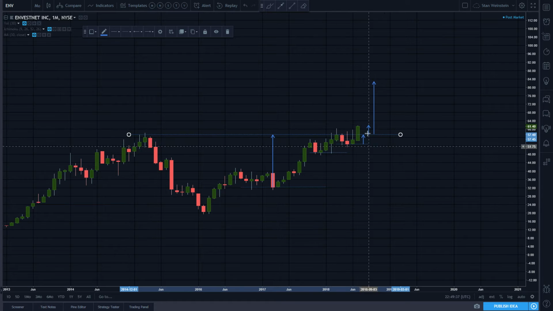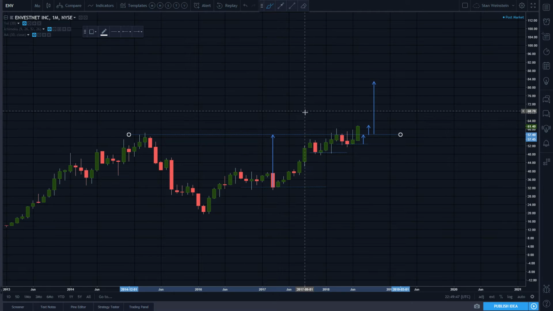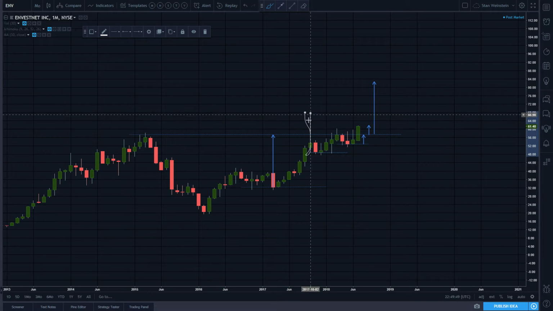I trust breakouts like this, which have lots of tests on the horizontal line. Let's say we just went down here and then skyrocketed out here, in a parabolic advance, without multiple retests of that previous high. I trust that less than a breakout where there are multiple retests of the breakout line, and that goes up in a way that's not parabolic, guys.